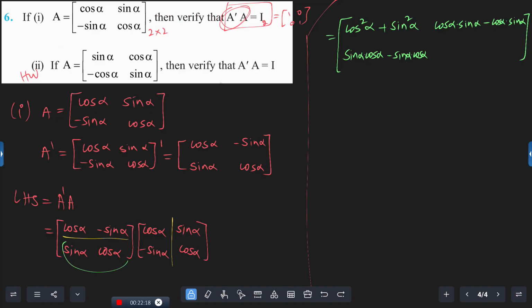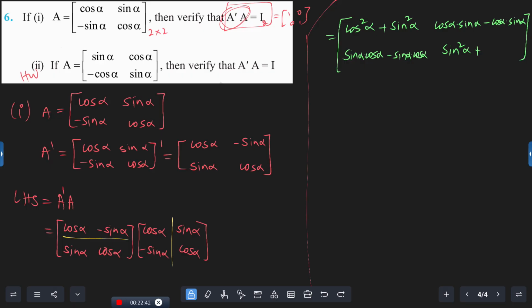Then same row I want to product with the second column. First element with first element means sin into sin, sin square you will be getting. Second element to second element in column 2, so cos into cos, cos square you will be getting.